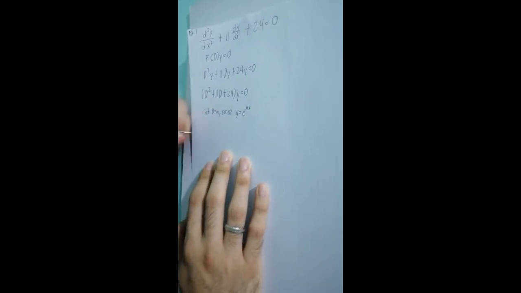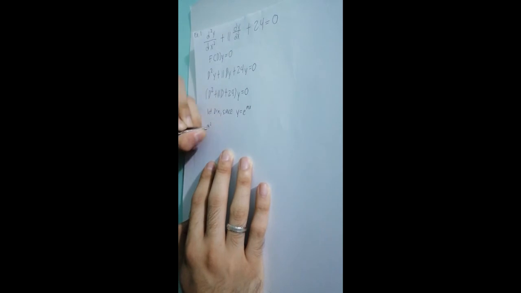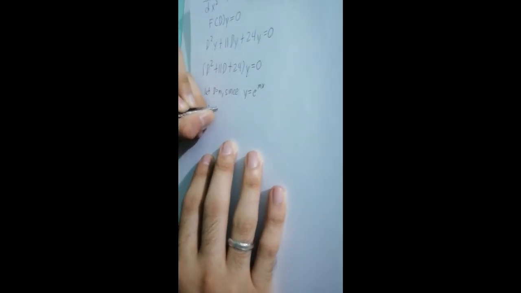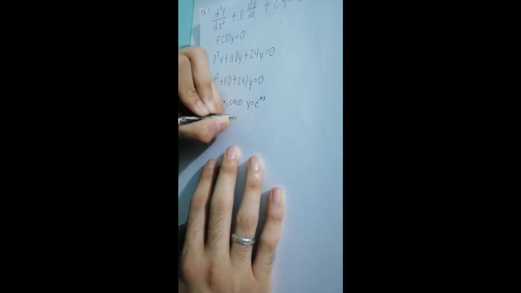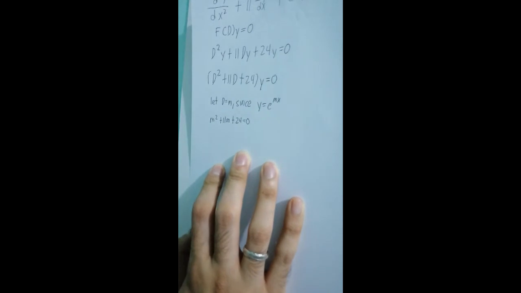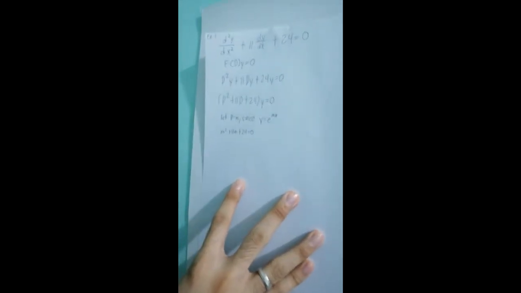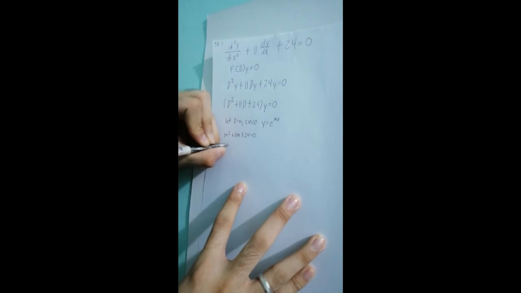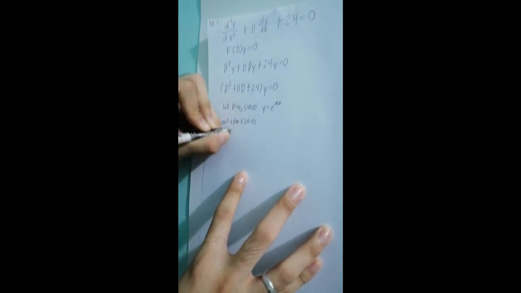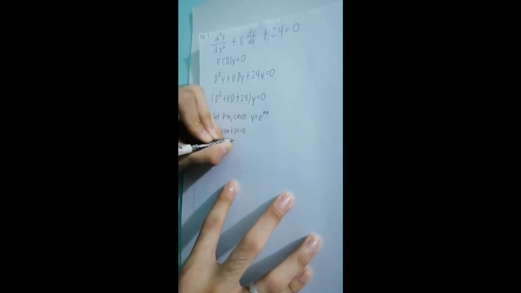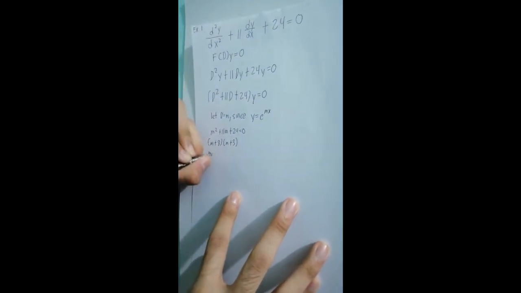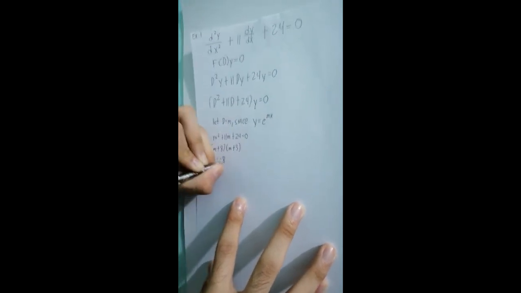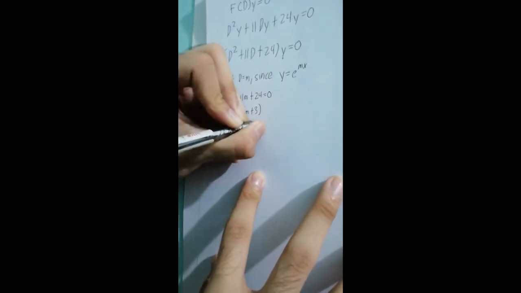So this equation turns into m squared plus 11m plus 24 is equal to 0. Now if we factor that out, we will get m plus 8 times m plus 3. And so our roots will be m1 is equal to negative 8, and our m2 is equal to negative 3.